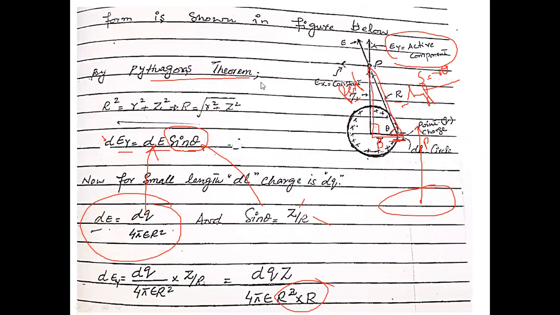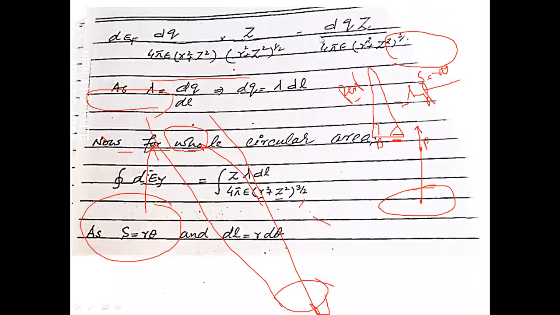So replacing the R values from here, we get dq z over 4 pi epsilon (r square plus z square) whole to the power 3 by 2, because this is 1 and this is 1 by 2, so 1 plus 1 by 2 is equal to 3 by 2.